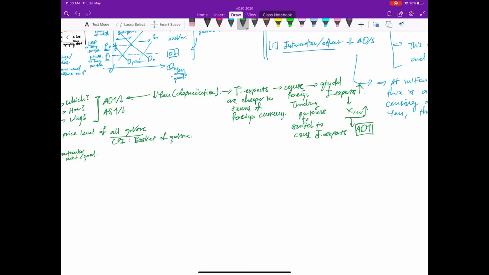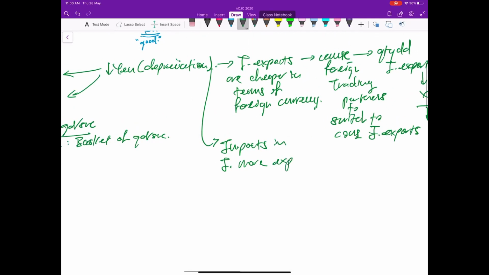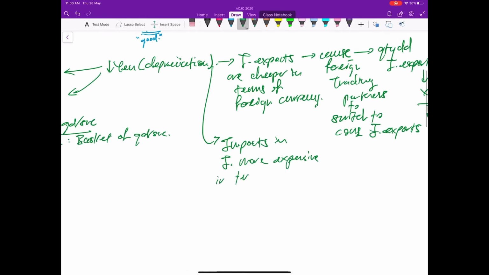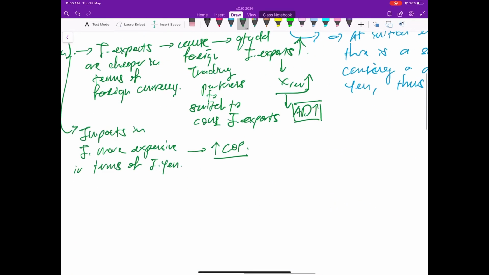And actually, if you were to think about it, the fall in yen could also affect the AS, in particular SRAS. Why? Because when there's a fall in the currency, the depreciation of the Japanese yen, imports in Japan are more expensive in terms of Japanese yen. This increases the costs of production. There are two aspects for this cost of production.